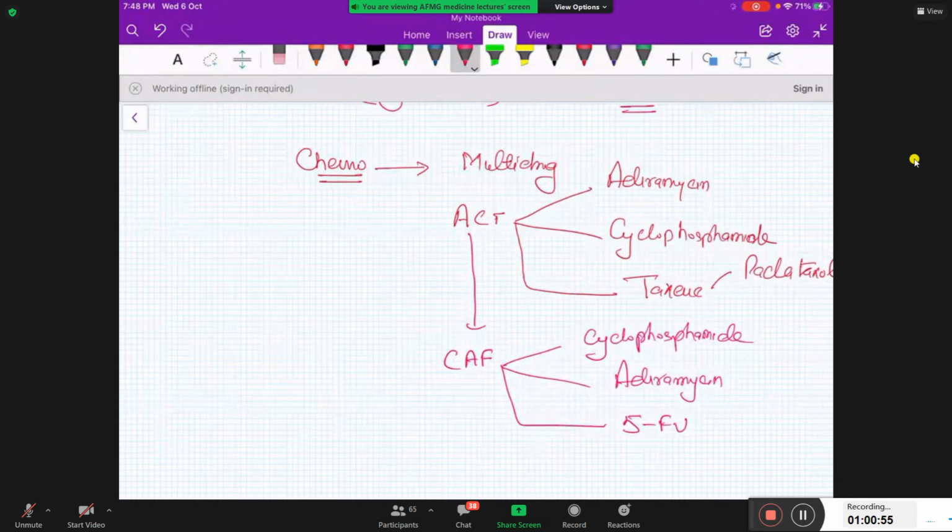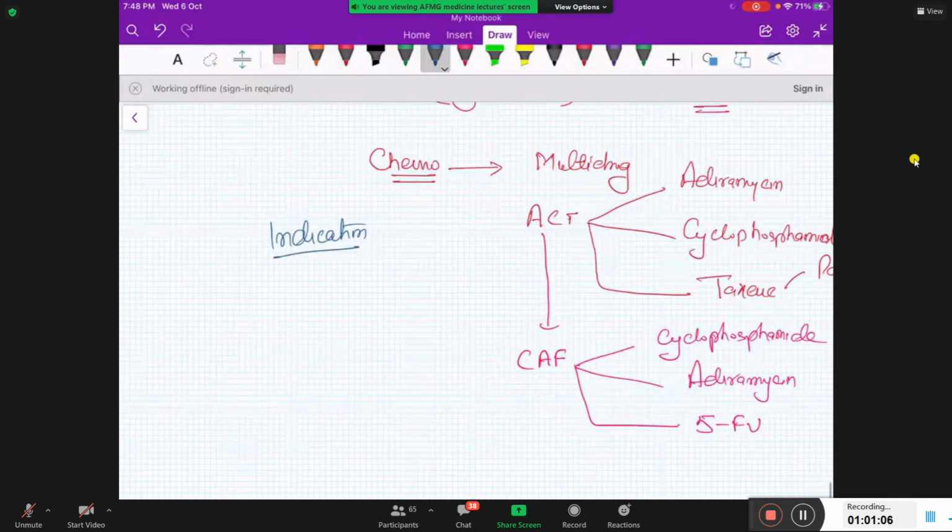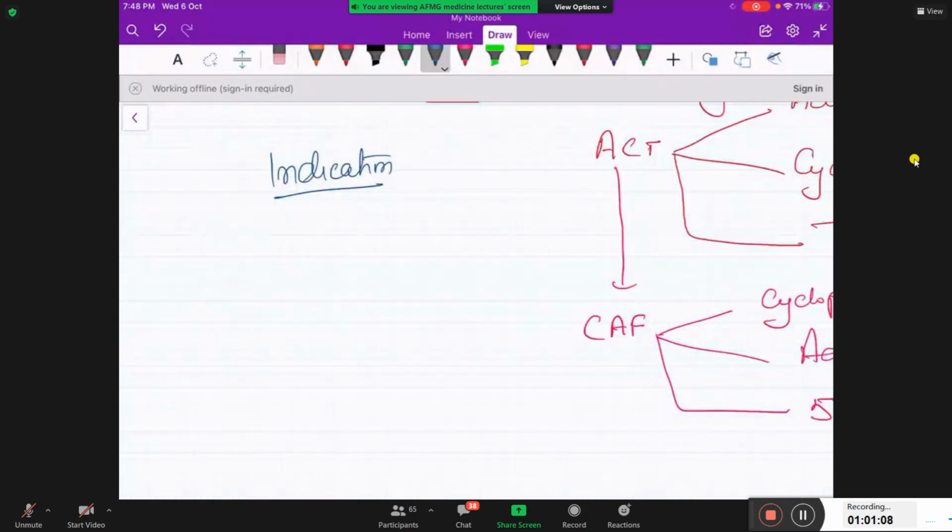But when to give? When are we going to give a chemotherapy? The indications of chemotherapy are, just remember these two. One, once the lymph node is positive of malignant cells, when you find a malignant cell inside the lymph node, it is chemotherapy you have to give.